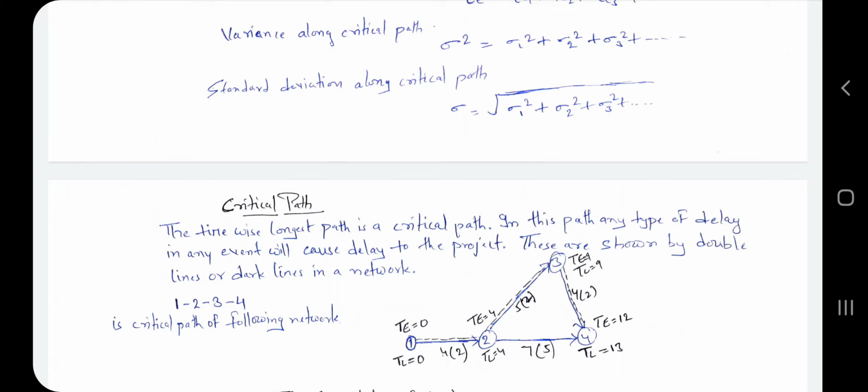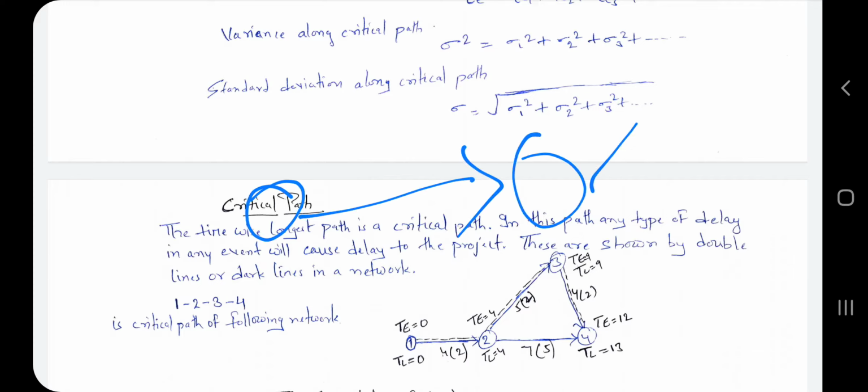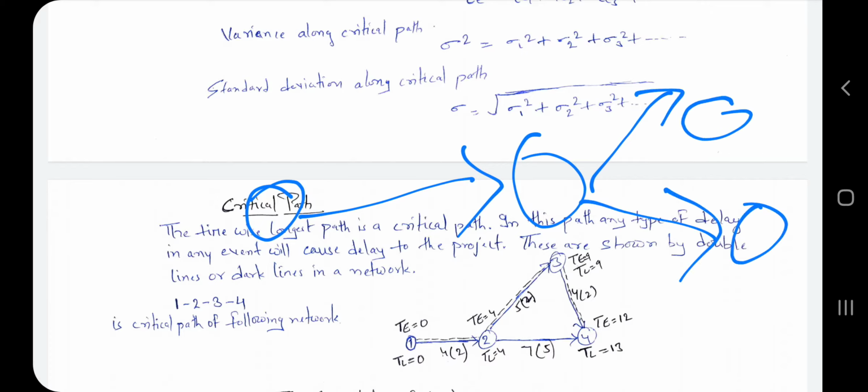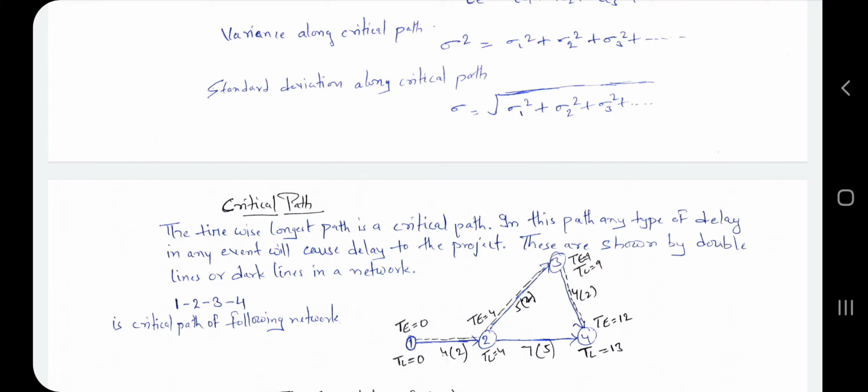So these are shown by double lines or dark lines in a network. If you have an event, an activity, an event, an activity, and an event, the critical path is shown by the double line, not a dotted line or solid line.